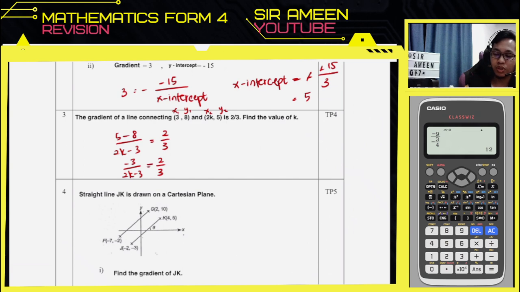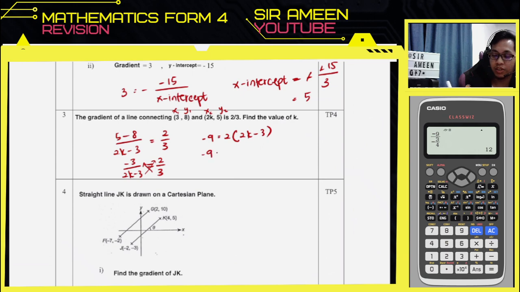This one you can cross multiply. It will become negative 3 times 3 is negative 9 equal to 2 times 2k minus 3. Then we can expand.